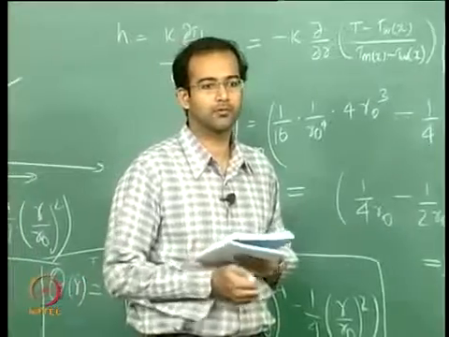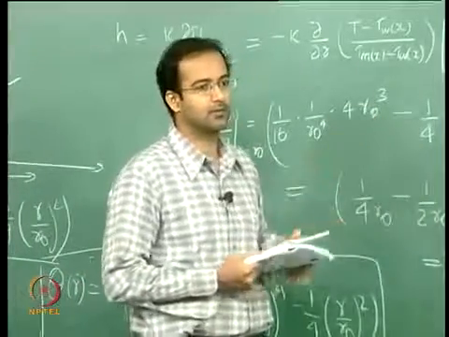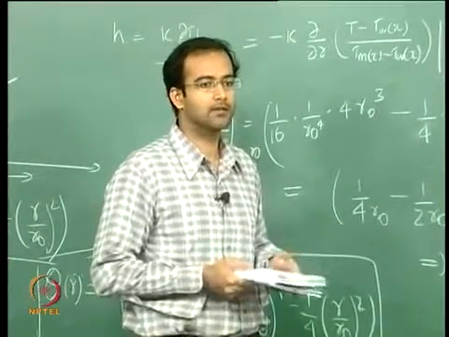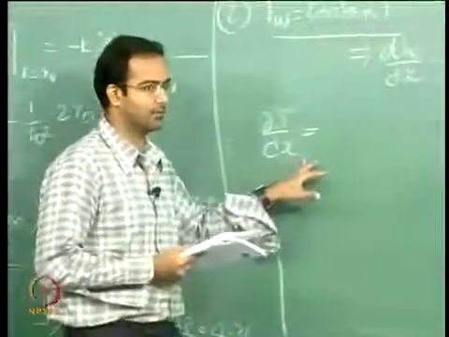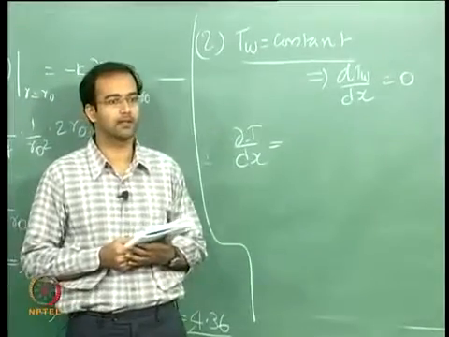I want all of you to also participate. You have to tell me if you apply this condition dTwall by dx is 0, what will be the resulting expression for dT by dx.